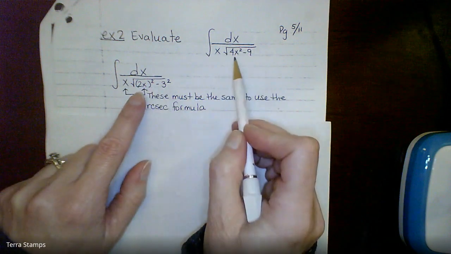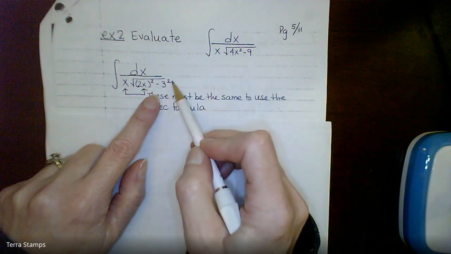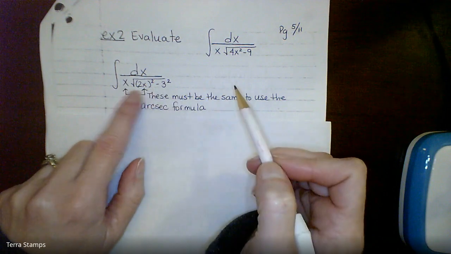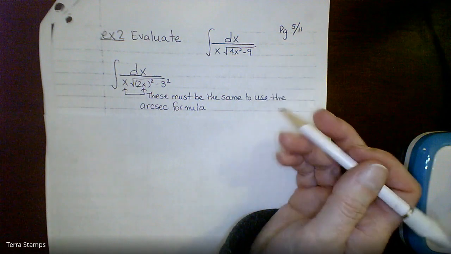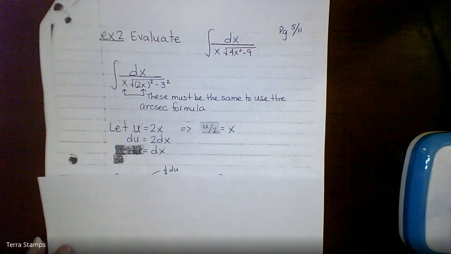So I rewrote this as a quantity squared, and this 9 as 3 squared. That's kind of a problem right here because I get this x out here and that's a 2x. Those need to be the same to use that arcsecant formula. All right, well, we can kind of get around this here.